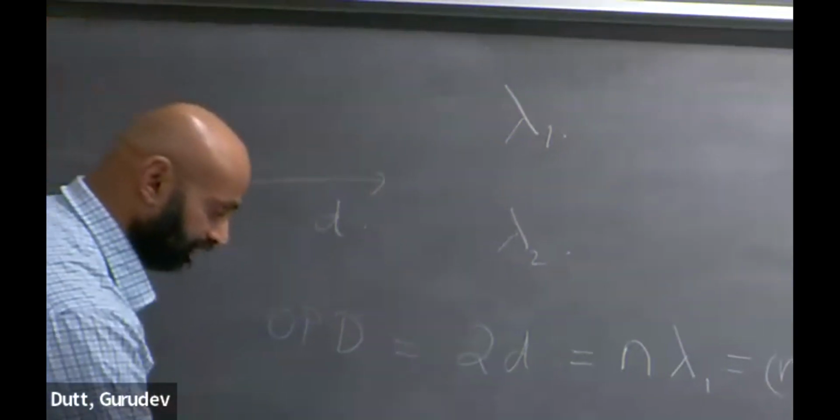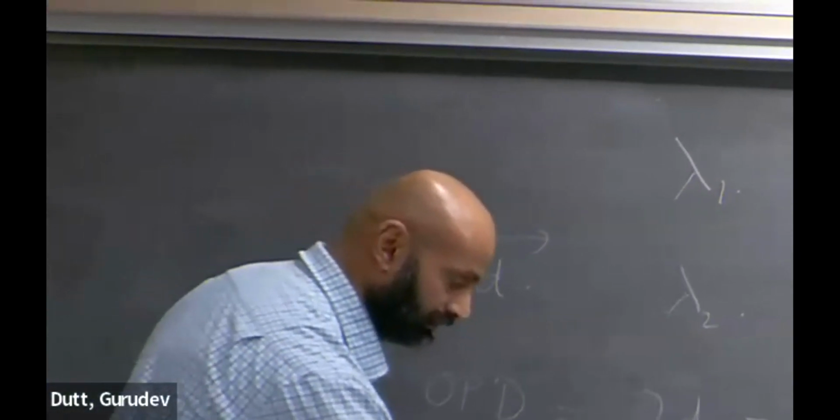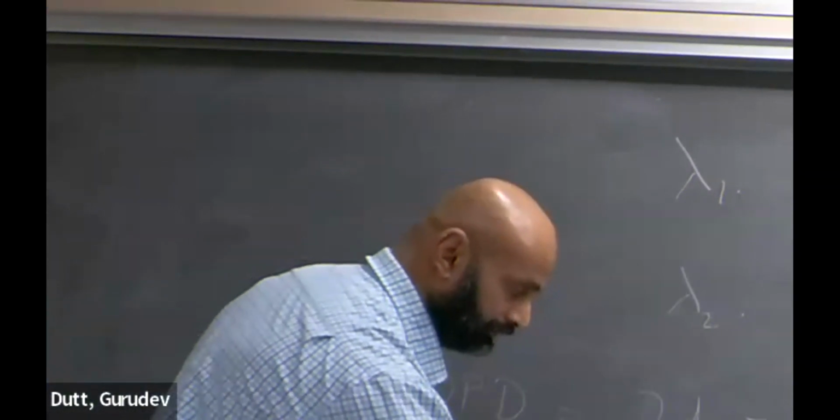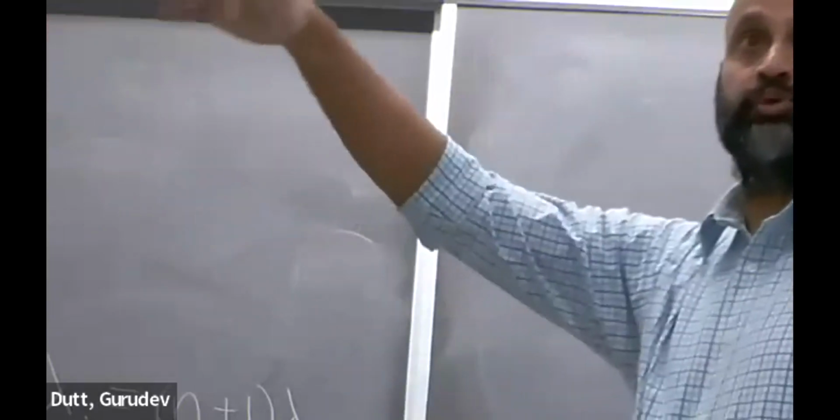So if I equate n lambda 1 equals n plus 1 lambda 2, I immediately get lambda 1 minus lambda 2 is equal to lambda 2 divided by n. Everyone okay with this? And at the same time, I've said that we initially started with a bright fringe, or we had n bright fringes move by.